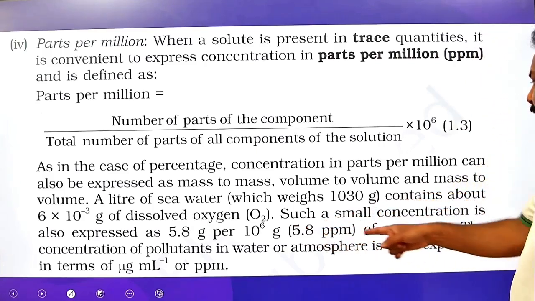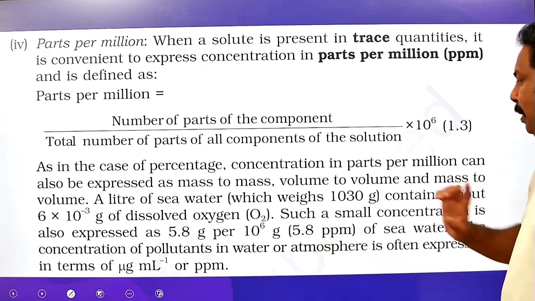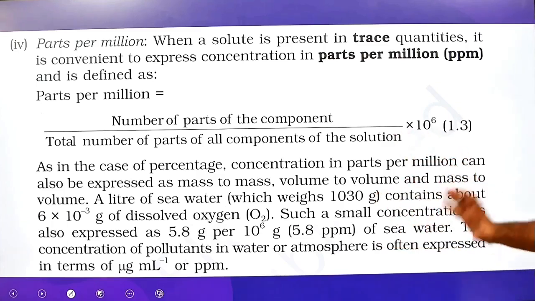The concentration of pollutants in water and atmosphere is often expressed as ppm. So if you want to represent this in mass by mass or volume by volume or mass by volume, how do you do this? Use the book. Understand what is solute, solvent, solution.